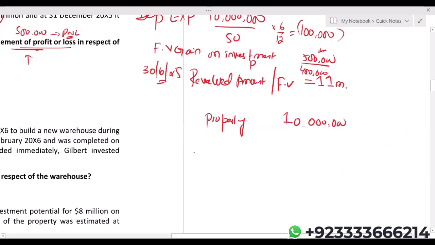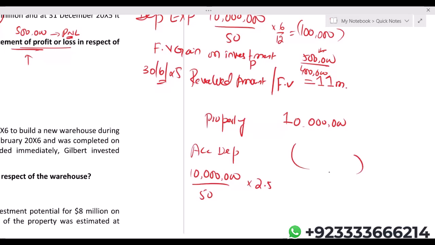It means accumulated depreciation is 10 million divided by 50, into 2.5. I'm just showing you the entire accounting. Accumulated depreciation is 5 lakh.